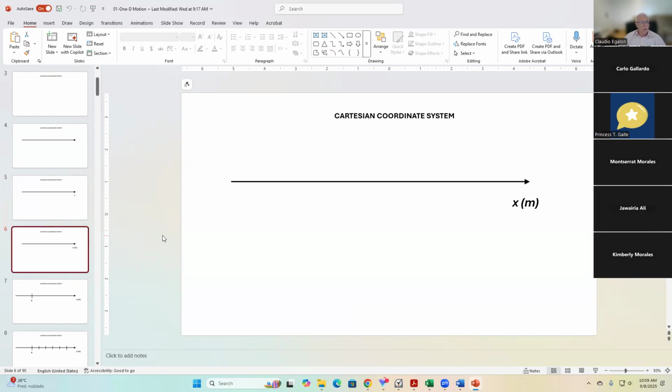We set the origin anywhere along this axis, denoted by 0 meters.